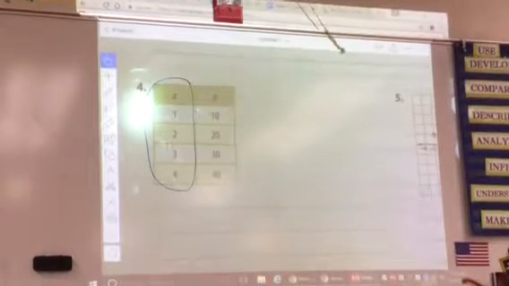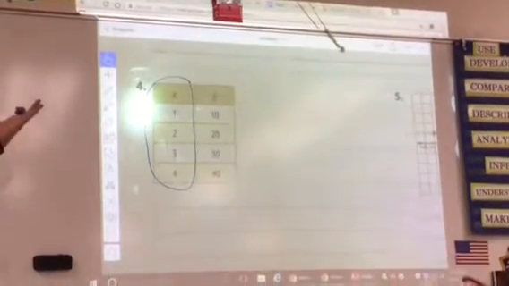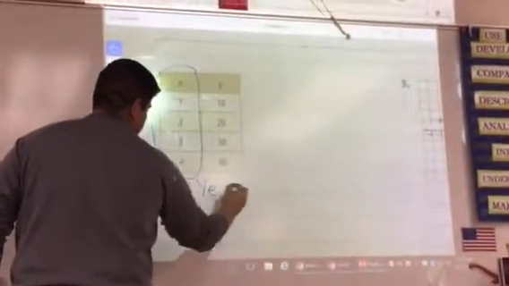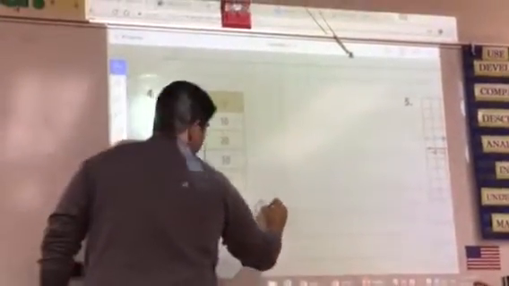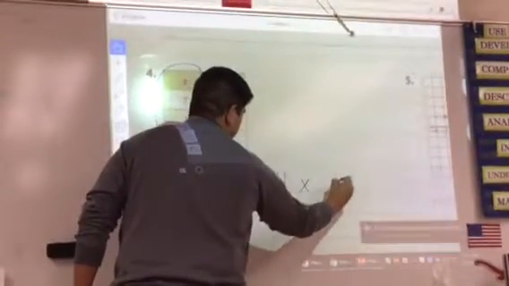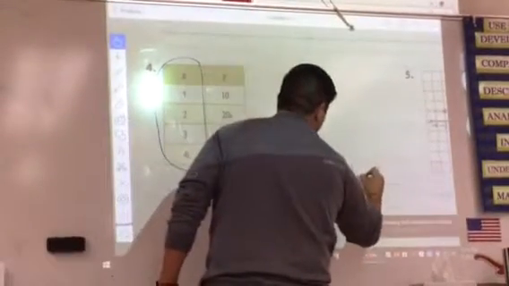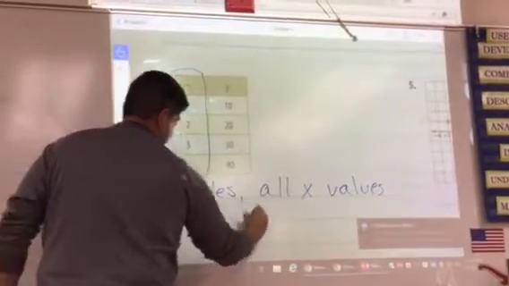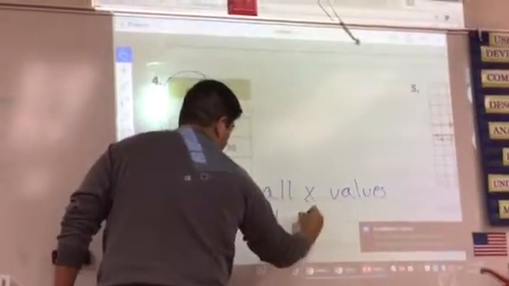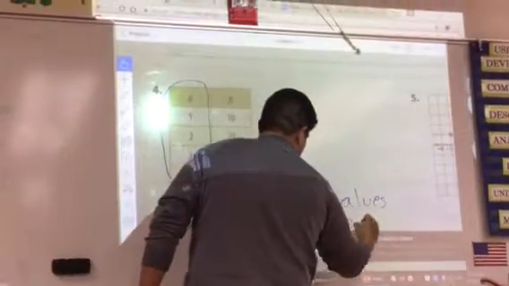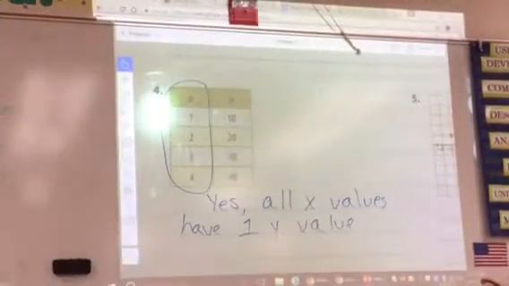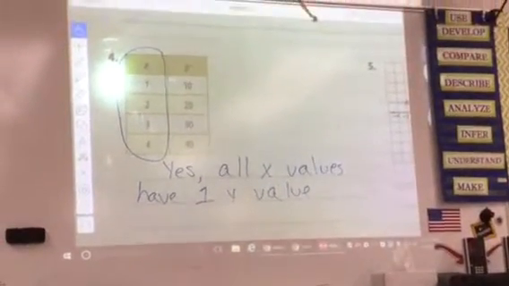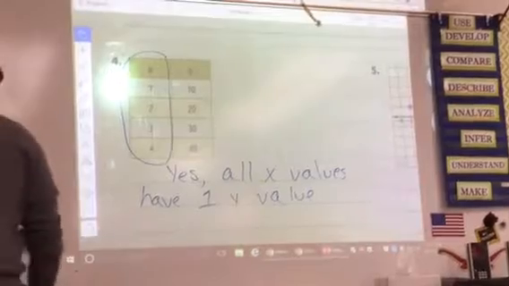Yes, none of them repeat. So is this a function? Yes. Good. All x values have one y value, just like on number 1.